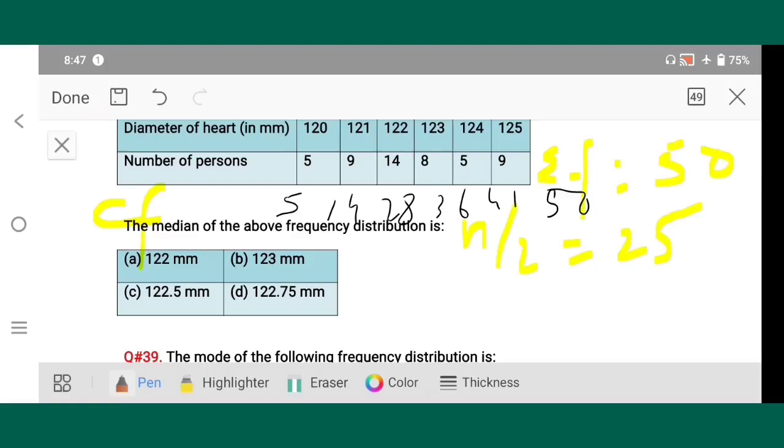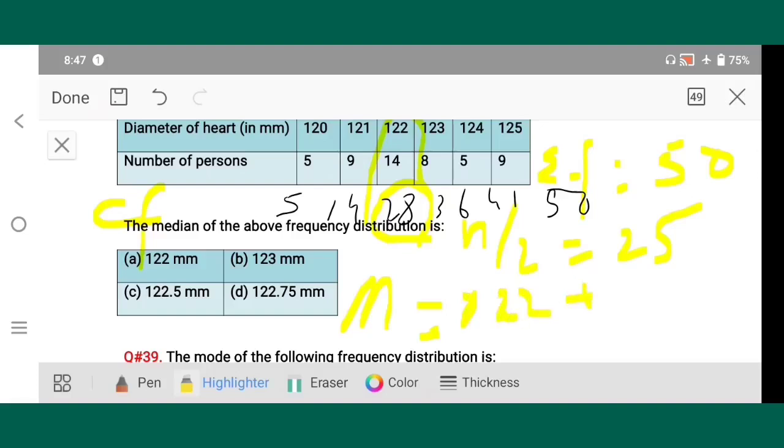So 25 is here, in this class. So median will be equal to the n by 2, that is the 25th observation, that is 122, plus the 26th.